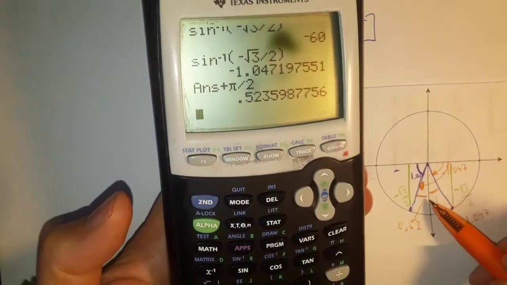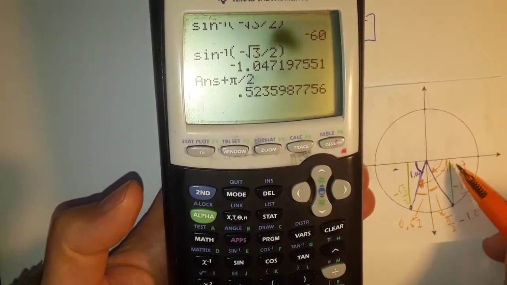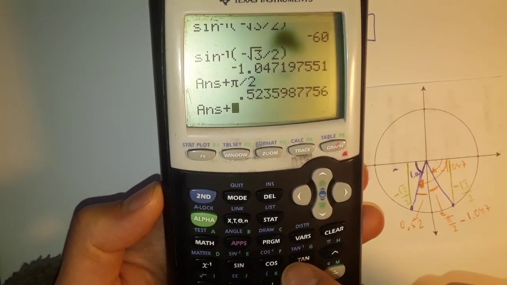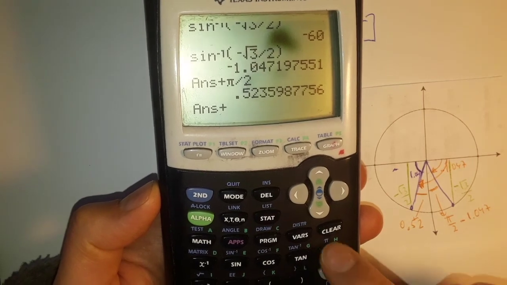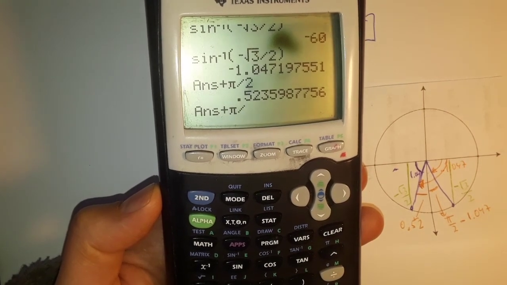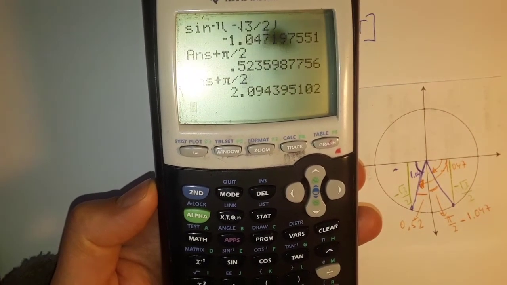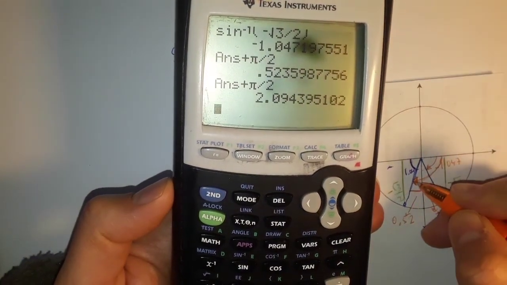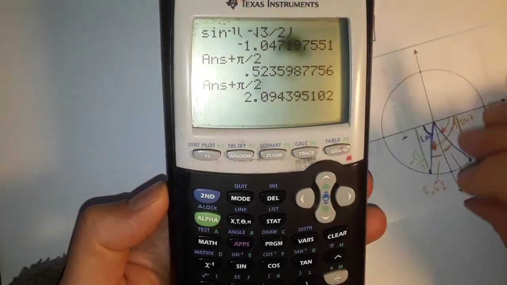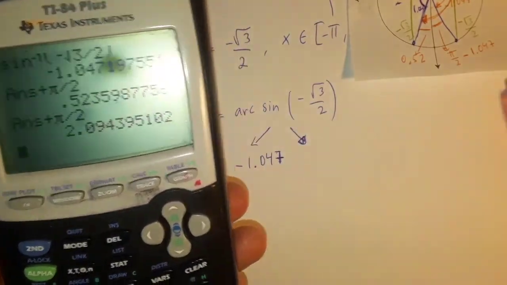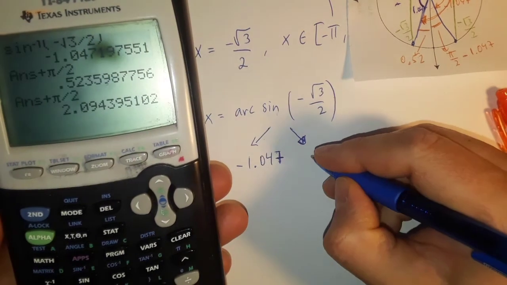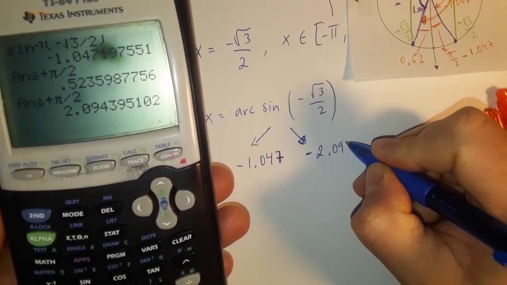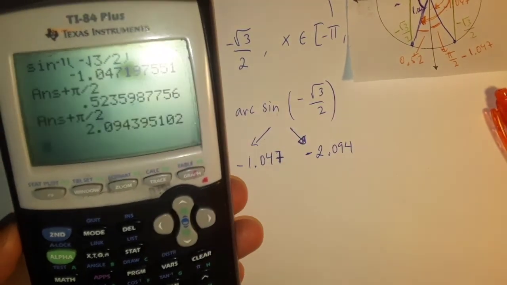Now we have to add this plus pi over 2. I'm going to have 2.094, but because it's negative, it's going to be negative 2.094. That's what it's going to be.